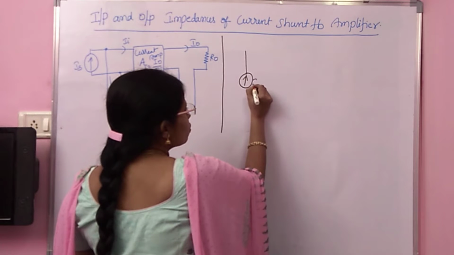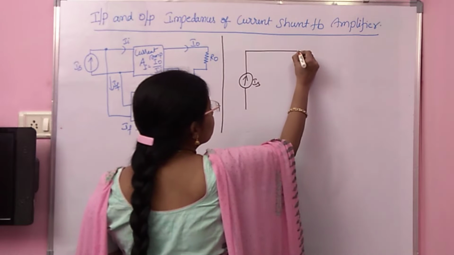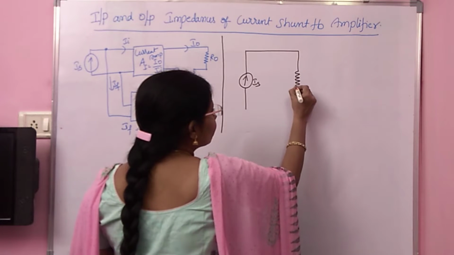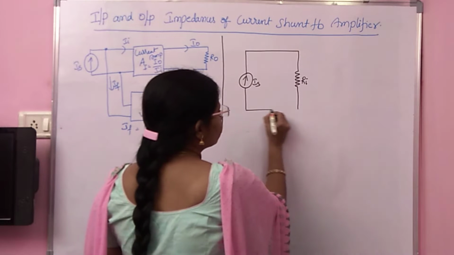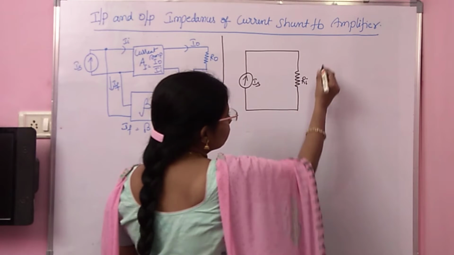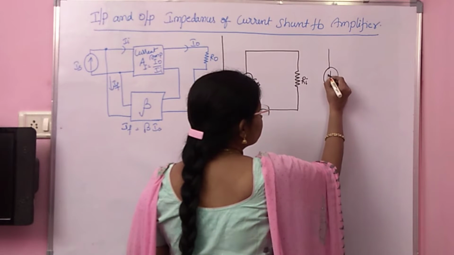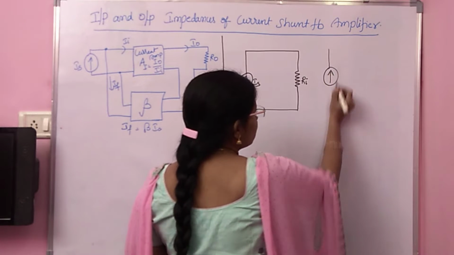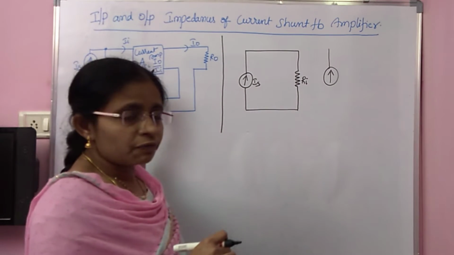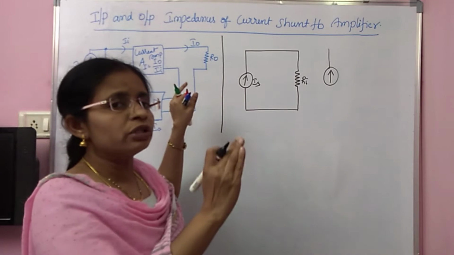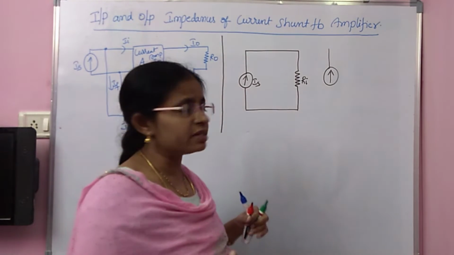It consists of the source IS and a resistor Ri, the input resistance Ri, and the output side also. I am drawing first the Thevenin's equivalent circuit of the current amplifier, and then I will include the feedback. You already know the current amplifier Thevenin's equivalent circuit.